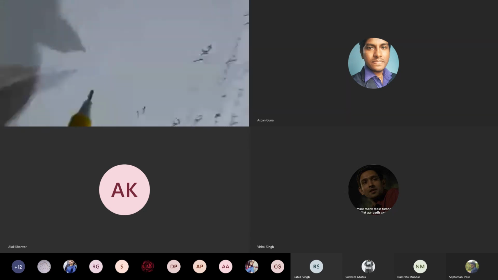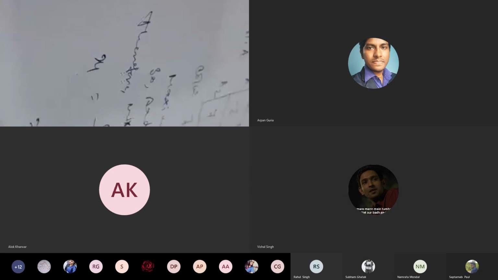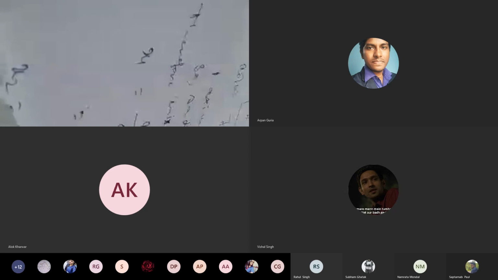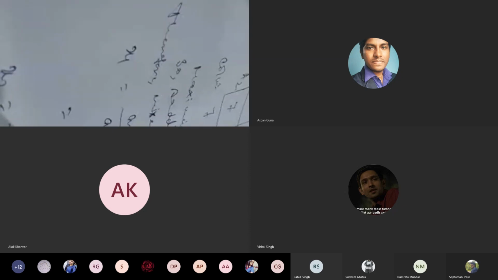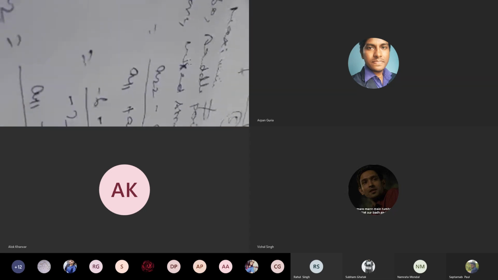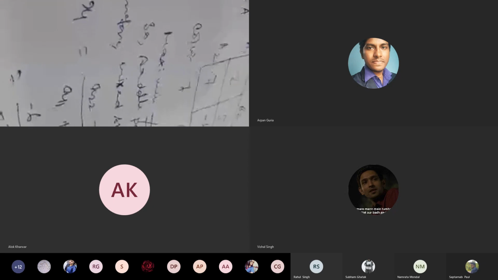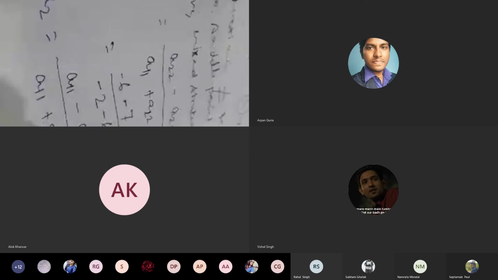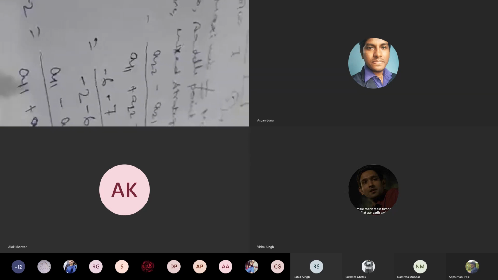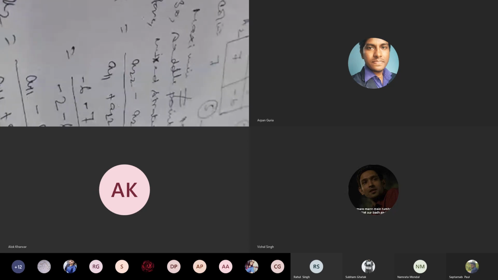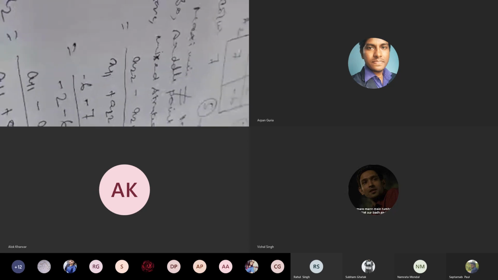Similarly, you get the value of x2. X2 equals (A11 minus A12) divided by (A11 plus A22 minus (A12 plus A21)).